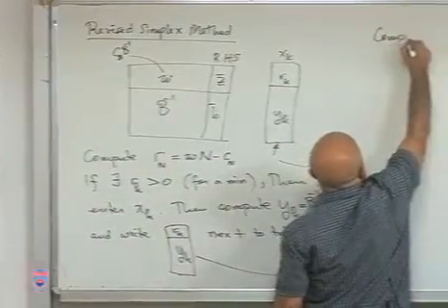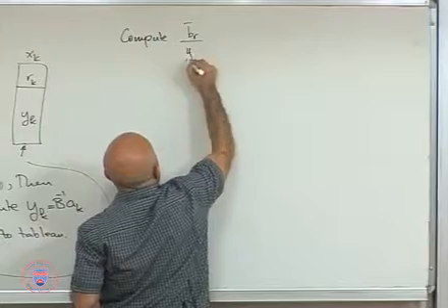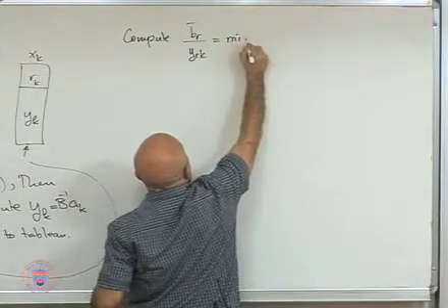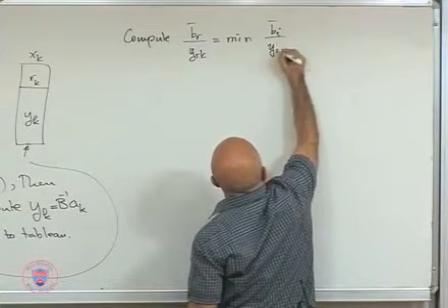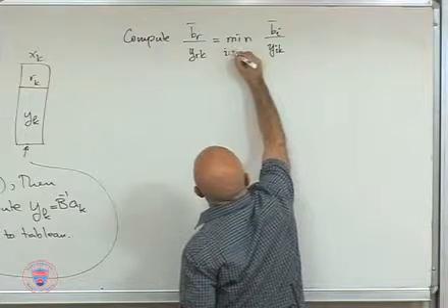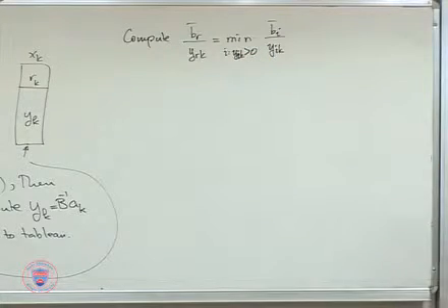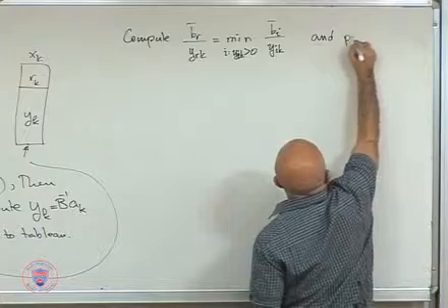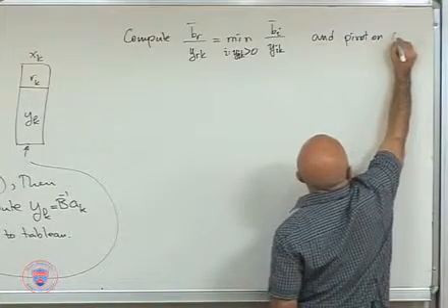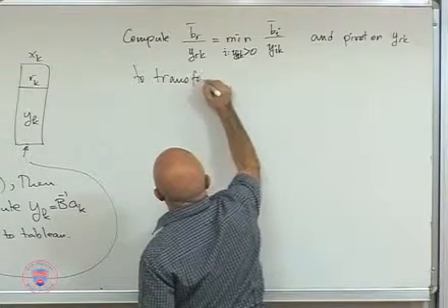So compute the minimum ratio using the column yk, using the positive yiks, and pivot on YRK to transform the tableau.